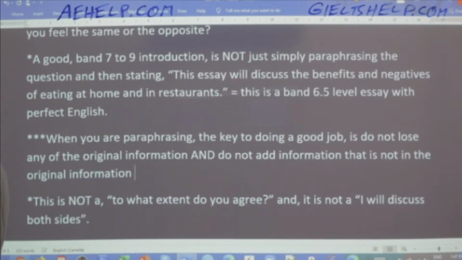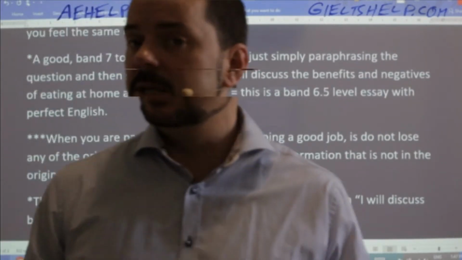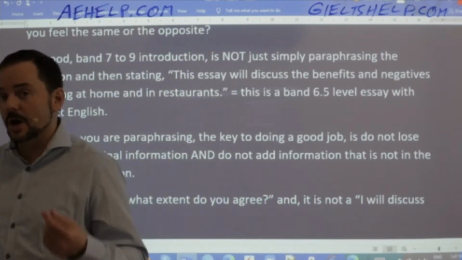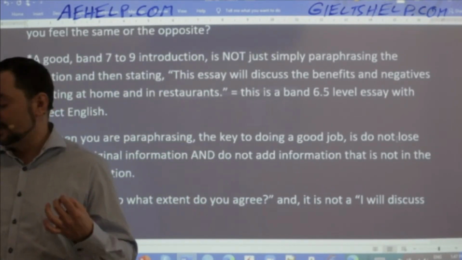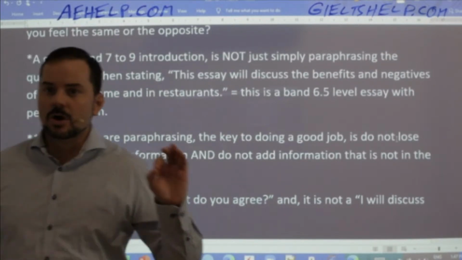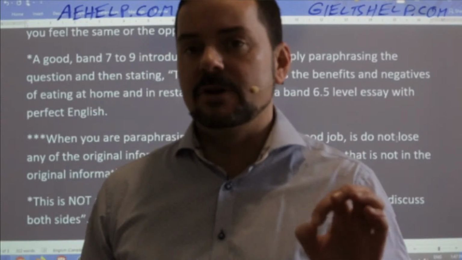That's really important, okay? So you're simply paraphrasing using synonyms, descriptive language, antonym negatives, but you're not adding or subtracting information. Everybody good on that? Okay? So you're not adding, you're not subtracting information when you're paraphrasing.